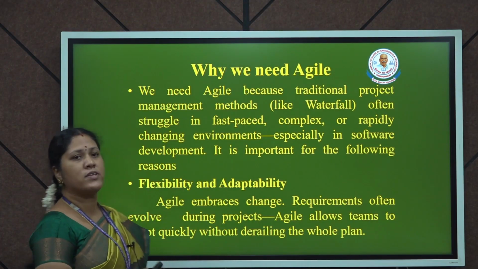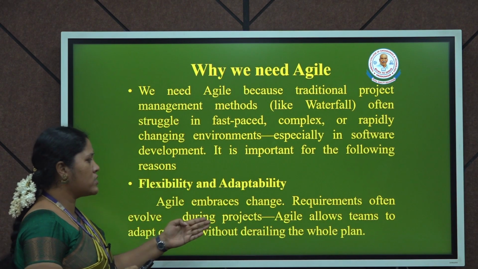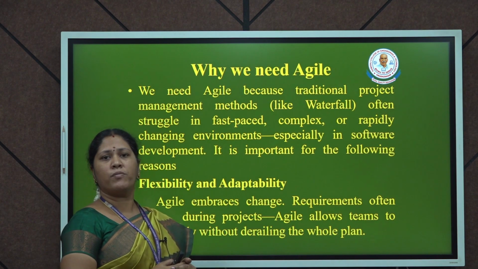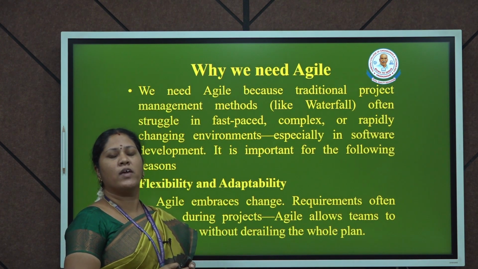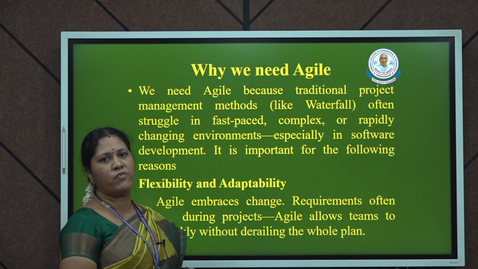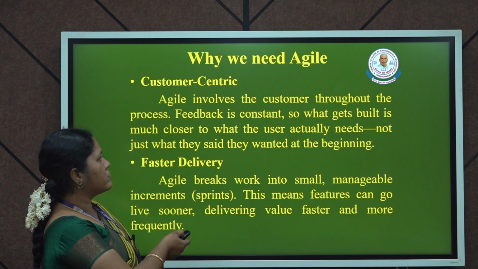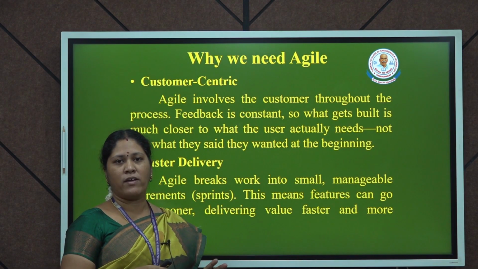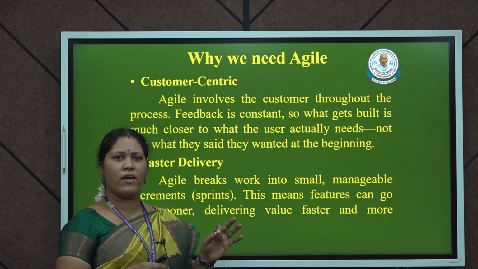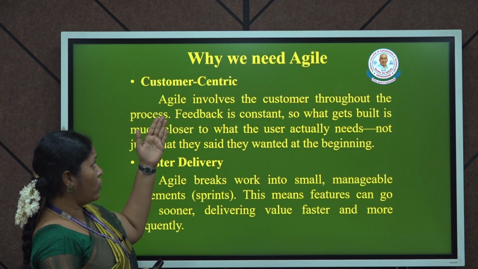Agile embraces changes because even during the project, an Agile team is allowed to adopt the changes quickly. It gives respect to customer feedback, and according to the customer feedback, it changes the requirements of the project. It won't change the whole plan, just the feedback and the review the customer wants.